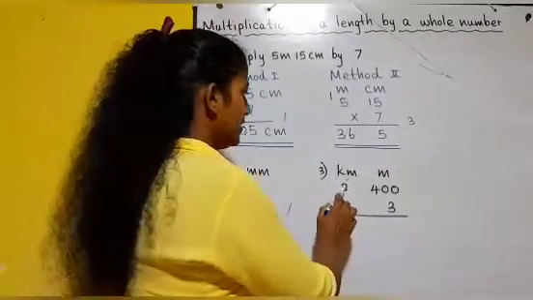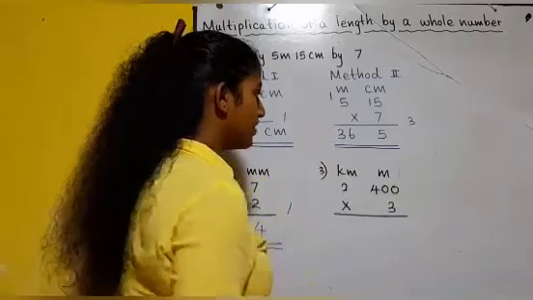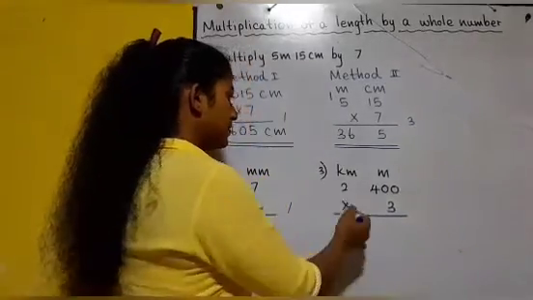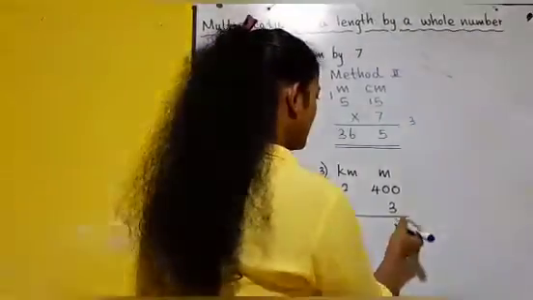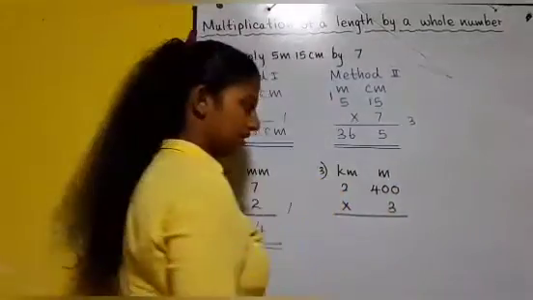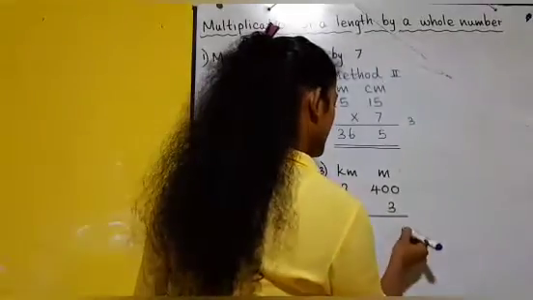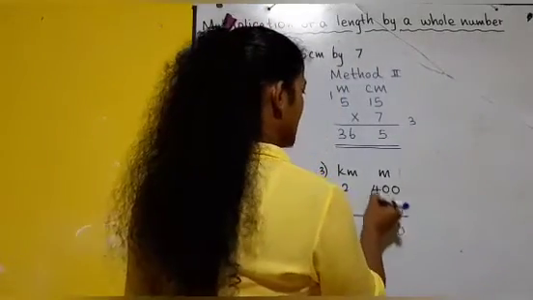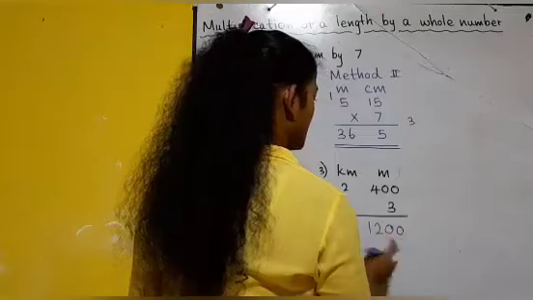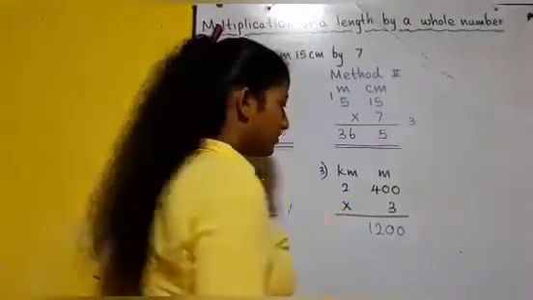Third example, 2 kilometers 400 meters, multiplying by 3. We are starting from the meter side. 400 multiplying by 3. 0, 0, then 3 times 4 is 12. 1200 comes here.